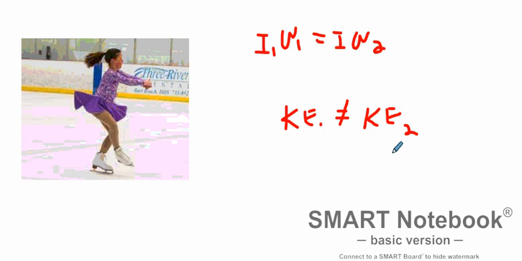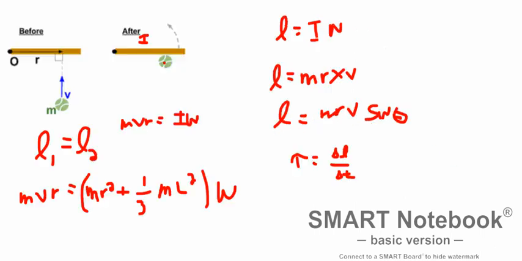Therefore, we got more rotational kinetic energy than we did initially. So the final rotational kinetic energy in this case would be larger than kinetic energy 1. Now if we go back to the ball example, the kinetic energy of this ball coming in is going to be greater than the total rotational kinetic energy afterwards. So remember that kinetic energy is not conserved with angular momentum conservation, for that reason.